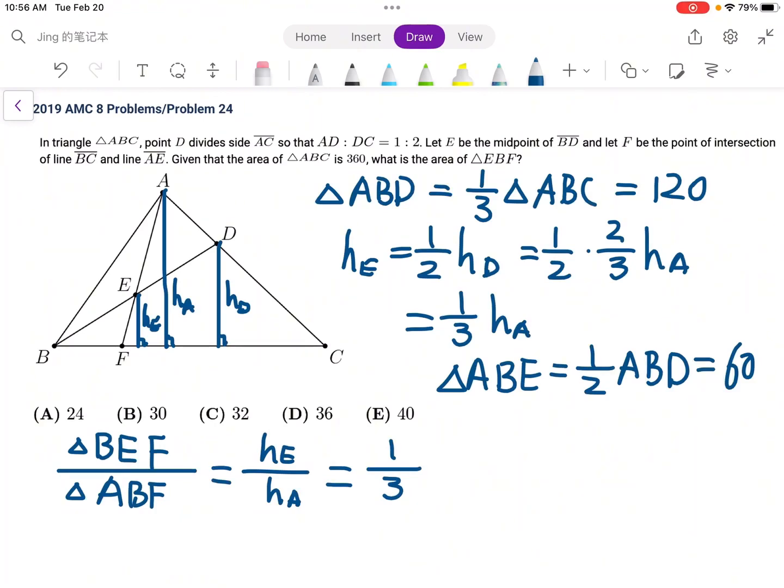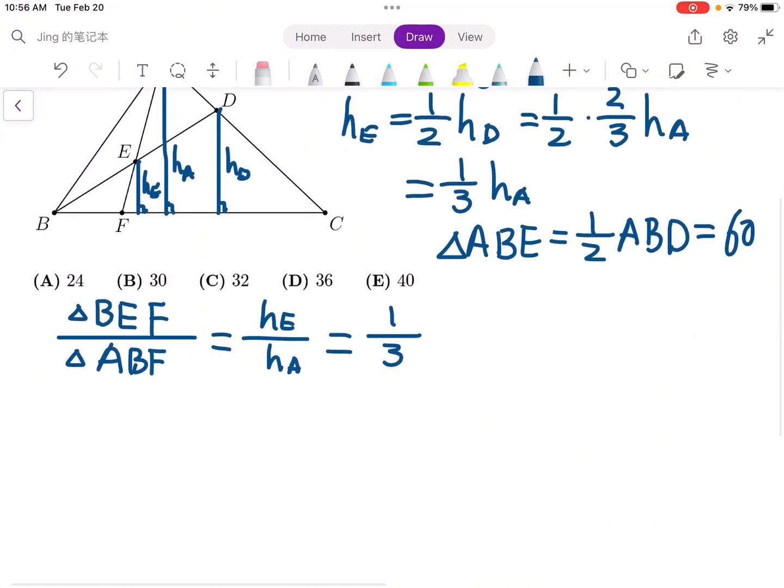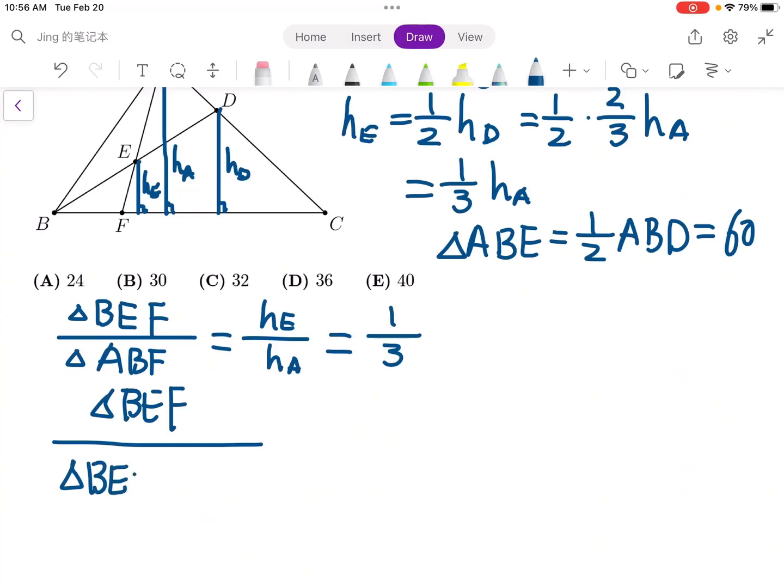And we can further write this equation into BEF over triangle BEF plus triangle ABE equals 1 over 3.